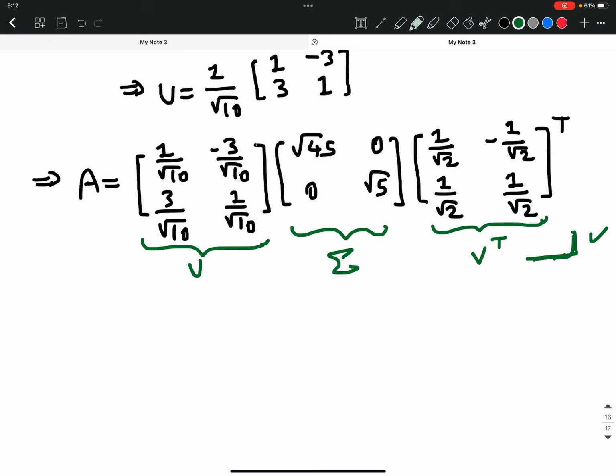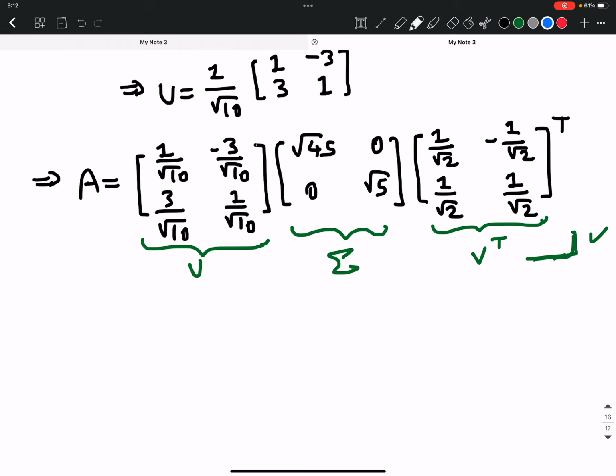Now, I want to talk about a very, very important application of this SVD. It's especially being used in recent machine learning algorithms. It's one of the very famous ones. And let's see how this can really help us to better reduce the dimensionality of some of the huge matrices and data.